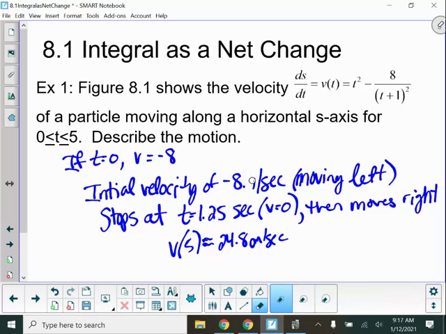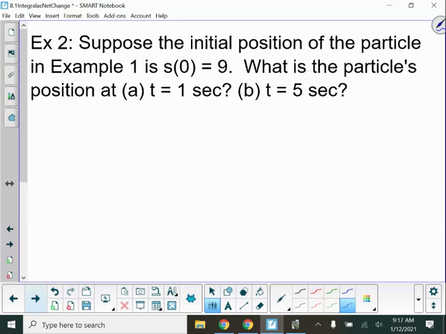This one up here is also centimeters. So it's not going to stop at 24.8 centimeters, but when the 5 seconds are up, that's going to be your 24.8 centimeters per second. So that is the motion of the particle when we describe that.